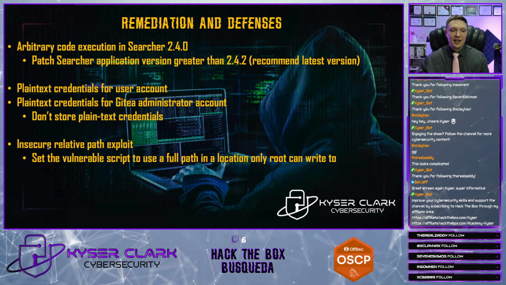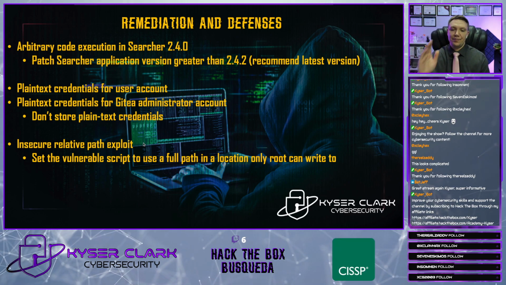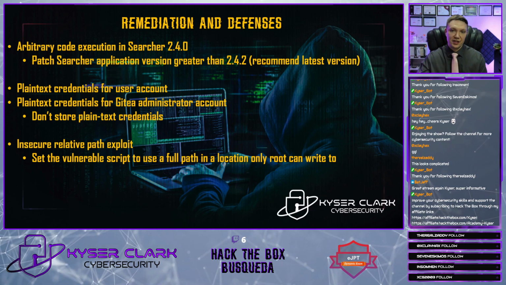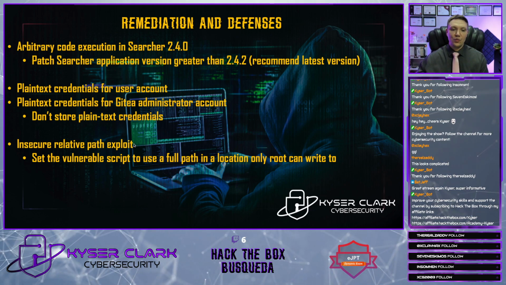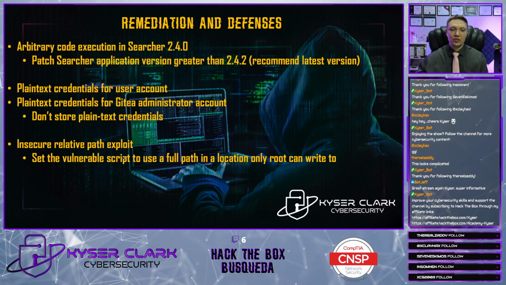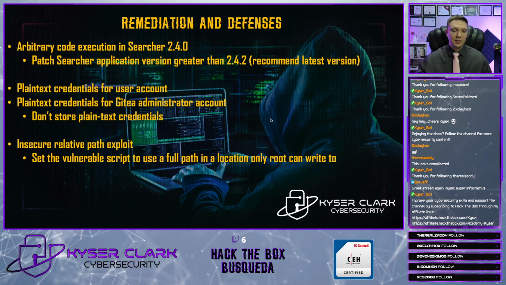And then for the last vulnerability here, the insecure relative path exploit. That's the file that we made a malicious version of. We put it in the temp directory. We can thwart that vulnerability by setting the vulnerable script to use a full path in a location only root can write to. Let me explain this a little bit better.